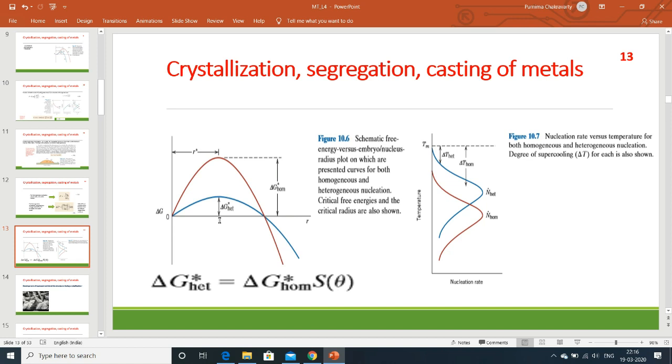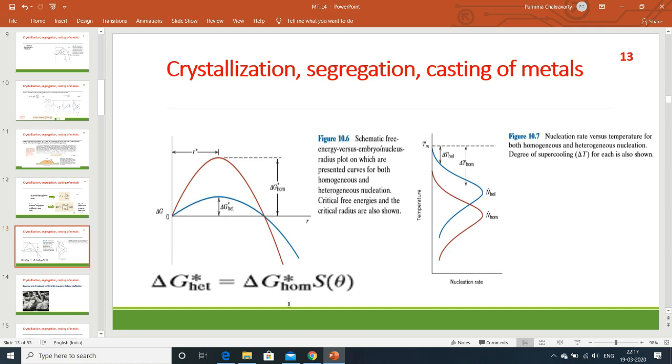Its critical energy, or activation free energy, is lower compared to homogeneous nucleation, whereas for homogeneous nucleation, the red line, the critical free energy is quite higher. On the other hand, the critical radius in both cases is the same, as I discussed in the previous slide. It's the same, but there is a difference in critical free energy.